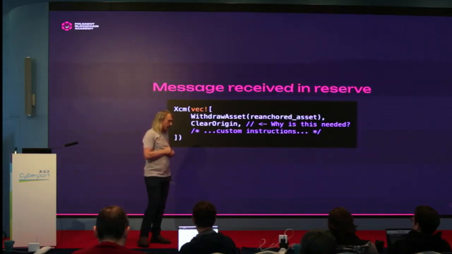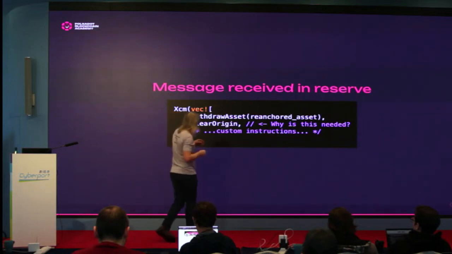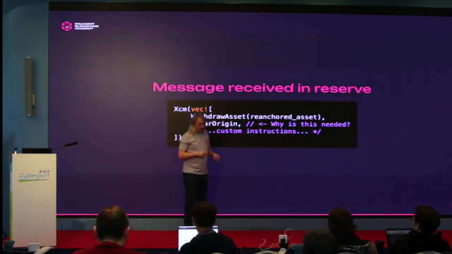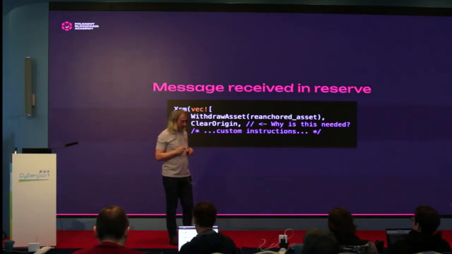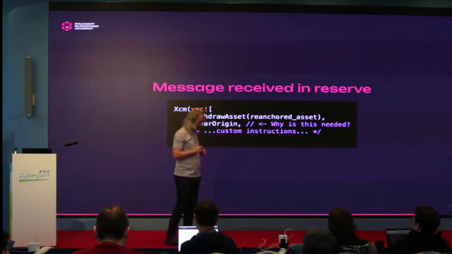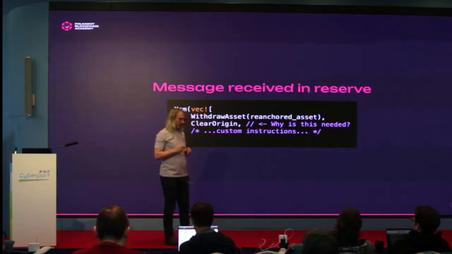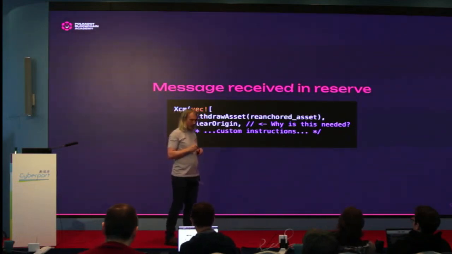But in general, I think there's very limited scope for these instructions to do anything with the sending chain's privileges that the sending chain would be happy with a user doing.